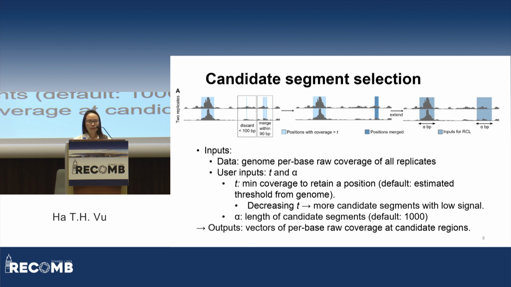After we merge and finish the pre-processing step, we extend the region from the midpoint to obtain an alpha base pair vector of raw counts.